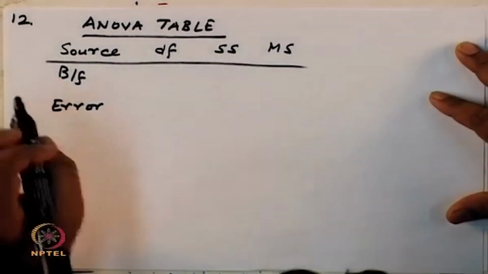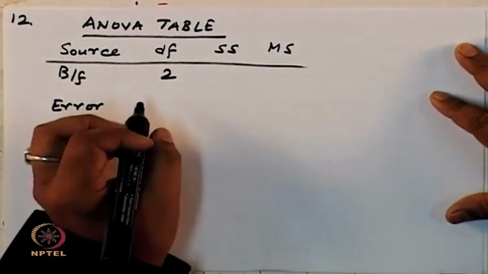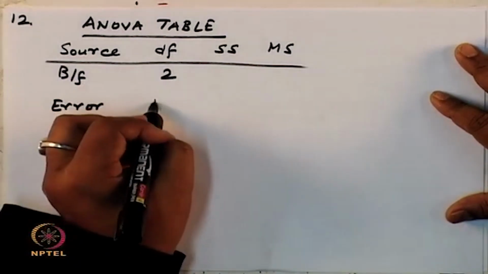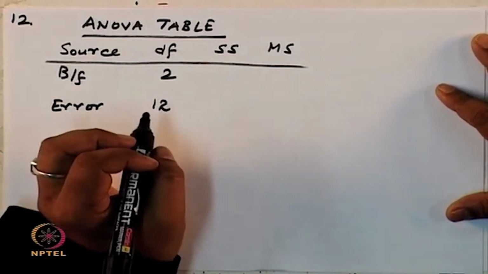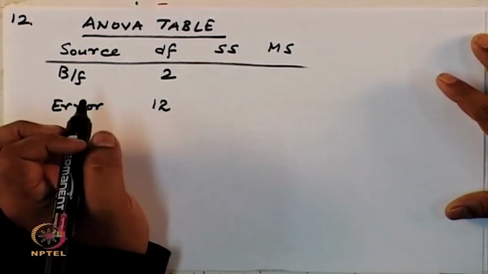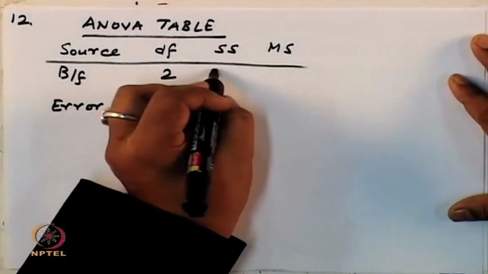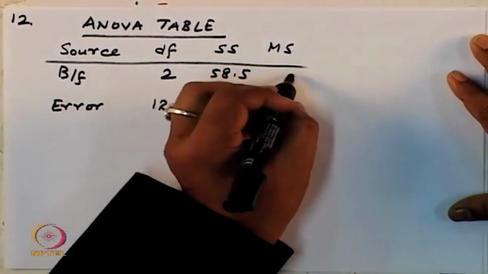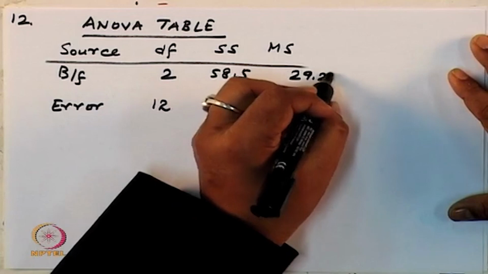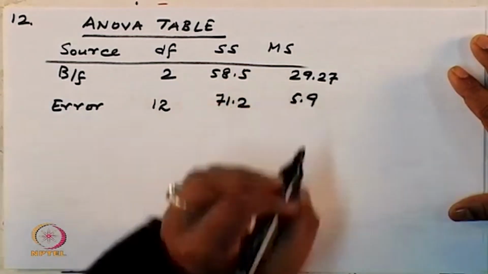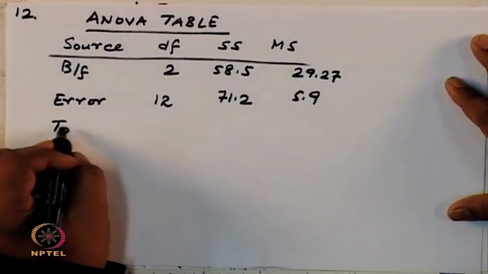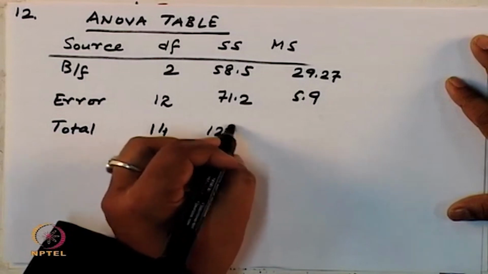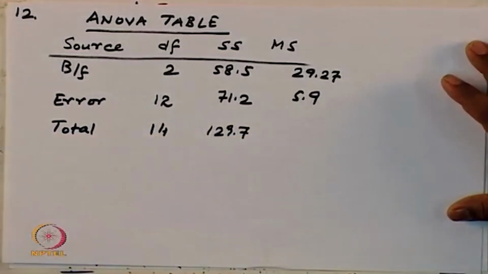For BF, your degrees of freedom is 2 because k is equal to 3. For error, you have 12, since n is 15 and n minus k gives you 12. This we calculate as 58.5, this you calculate as 71.2. You can accordingly calculate MS and ME, and you can do the total. This is 14, this is 129.7. So, this is your ANOVA table.